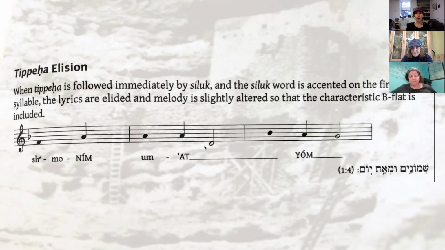And they are, because the ending note of tipcha is the same as the beginning note of a standalone siluk. So it's still in there, even though it looks like it's gone away. It's not reiterated, but it's subsumed. And the B flat is still there, even though there's syllabically no place for it. But we keep our books balanced.